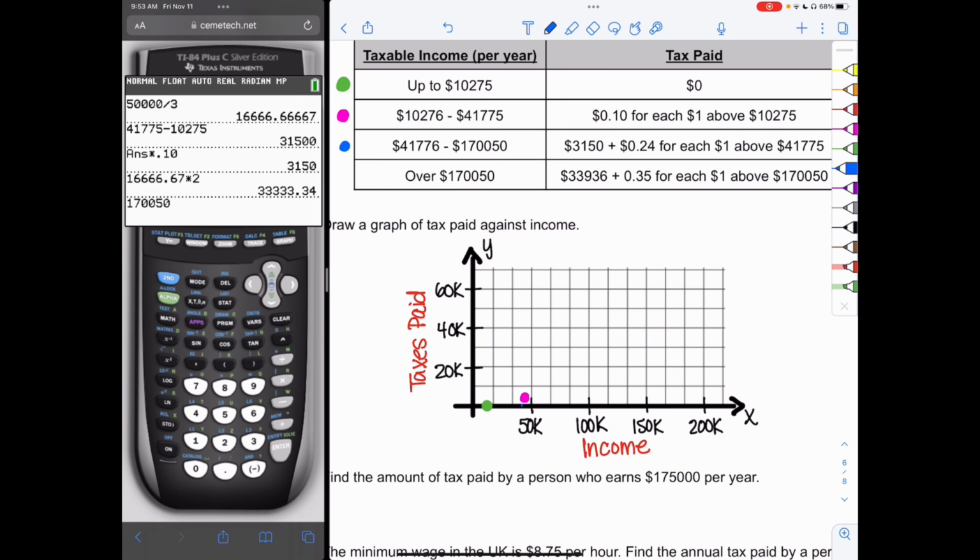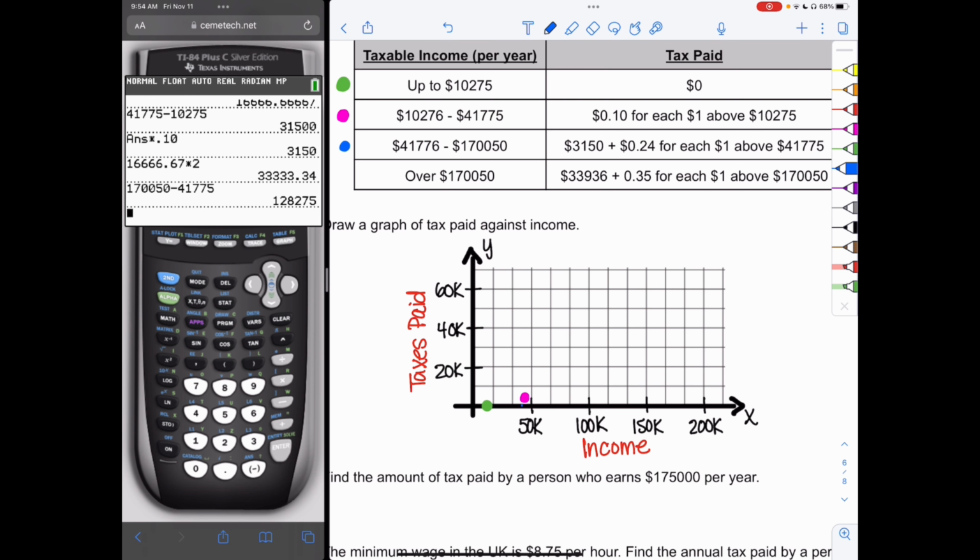So, $170,050, excuse me. So I have to pay the $3,150 and 24 cents for each dollar that's above $41,775. So if I subtract 41,775 from the $170,050, I need to pay an additional 24 cents for $128,275.